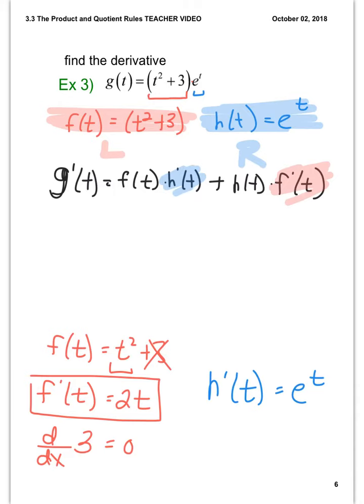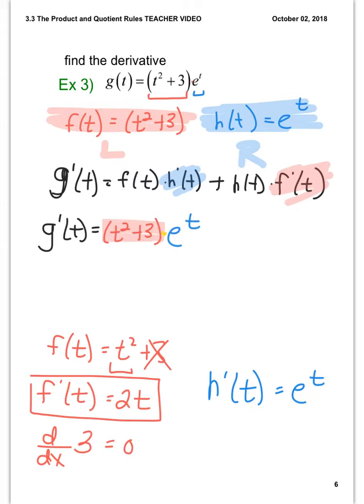So I'm going to restart my statement and say that the derivative of g will be found first by taking f of t, and f of t was t squared plus 3. So we'd take that and we'd multiply it by the derivative of h, which we just got to be e to the t. And for emphasis, I'm going to put in that multiplication symbol so we know they're being multiplied together.